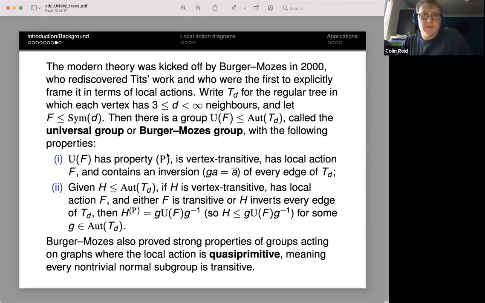I have to say that it seems Tits' paper from 1970 didn't attract much attention at the time. It was published in some collection of essays in honor of somebody or other, and it didn't seem to attract much attention at the time it was published.